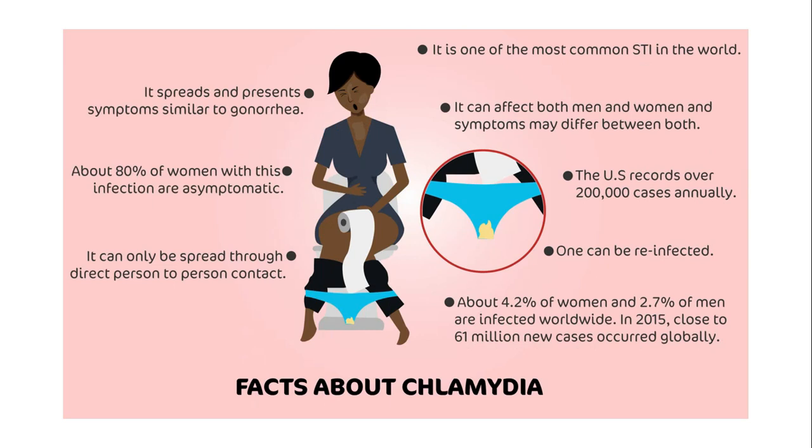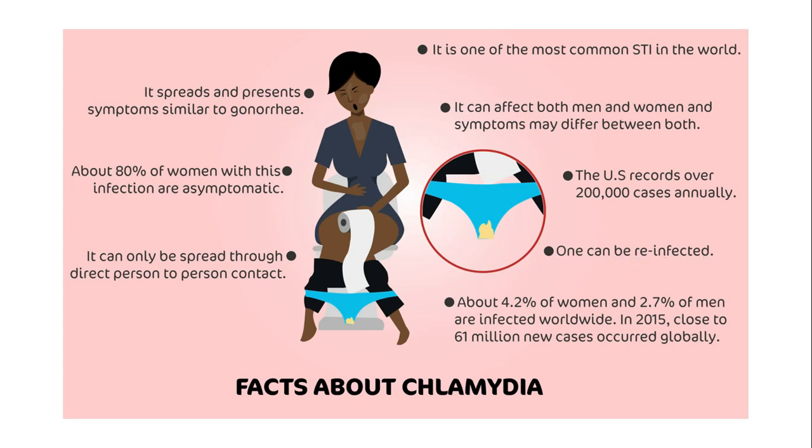Now let's move to another fact about chlamydia. Let's read. It is one of the most common STDs in the world. It can affect both men and women, and symptoms may differ between them. The US records over 200,000 cases annually, and one can be reinfected. It means that after being infected, one can be infected again.